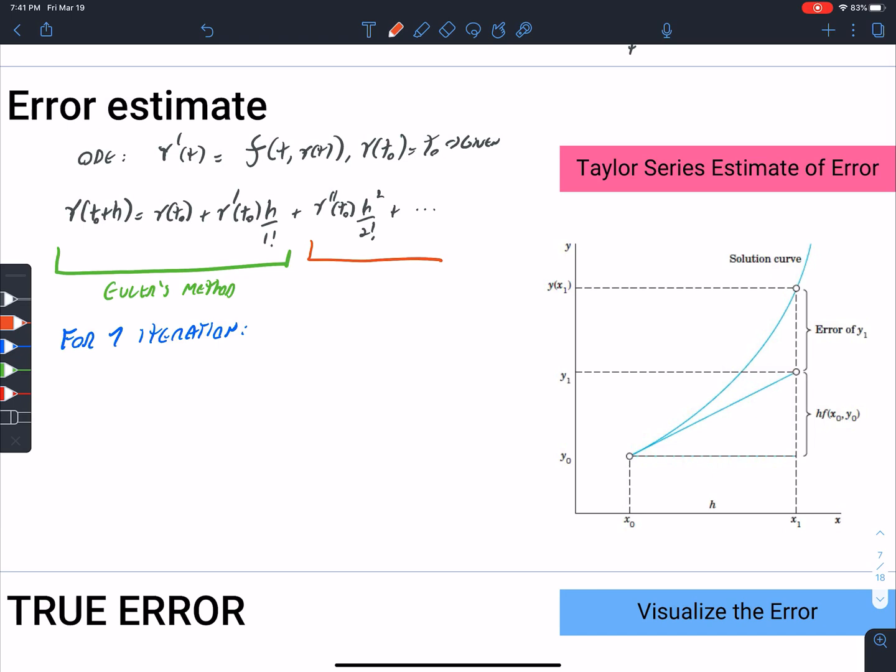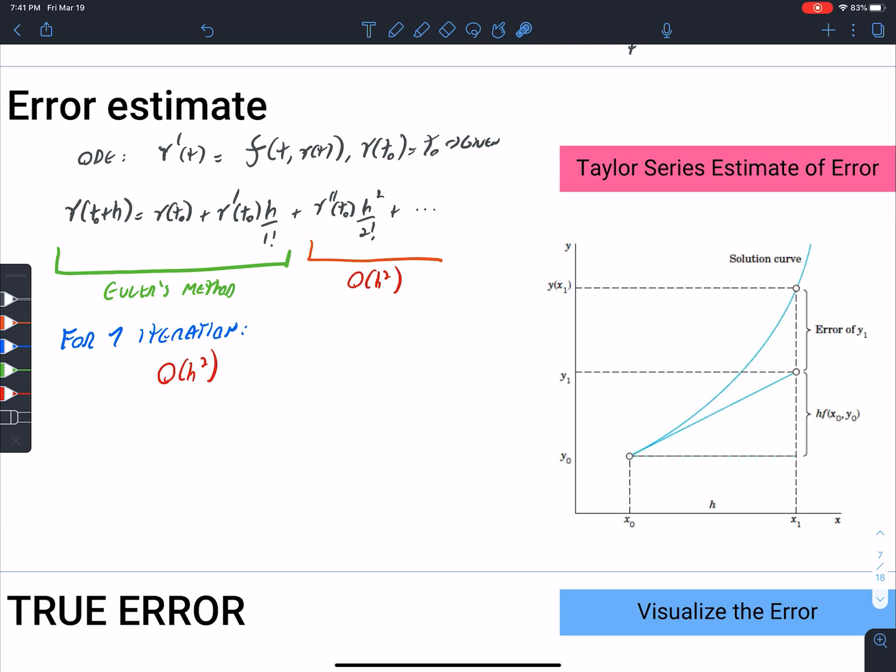The largest term here will be order h squared, because the size of these remaining terms, the largest will be, roughly speaking, order of h squared. But then remember that we are going to repeat this for many values, because we're going to choose a small h.